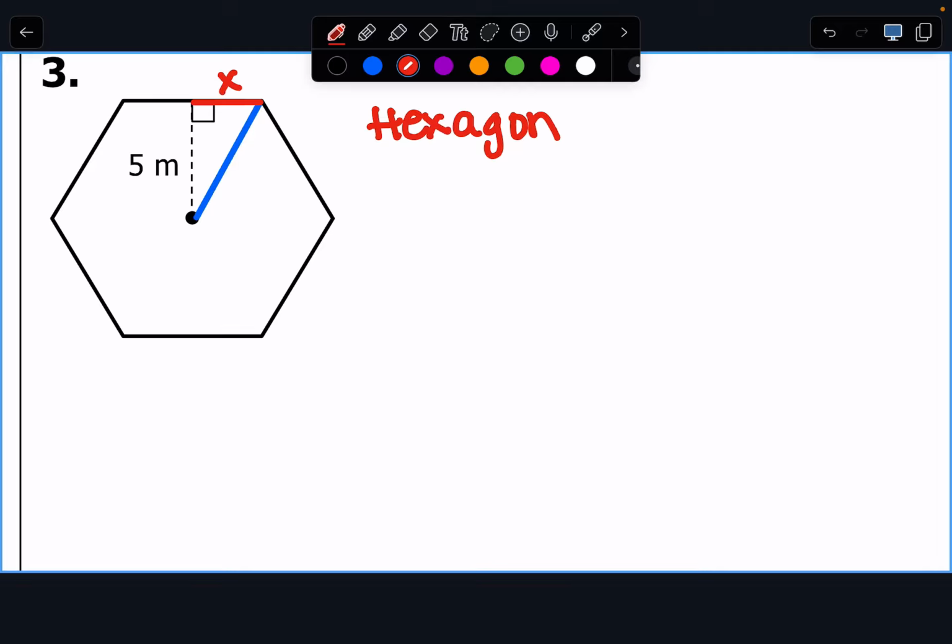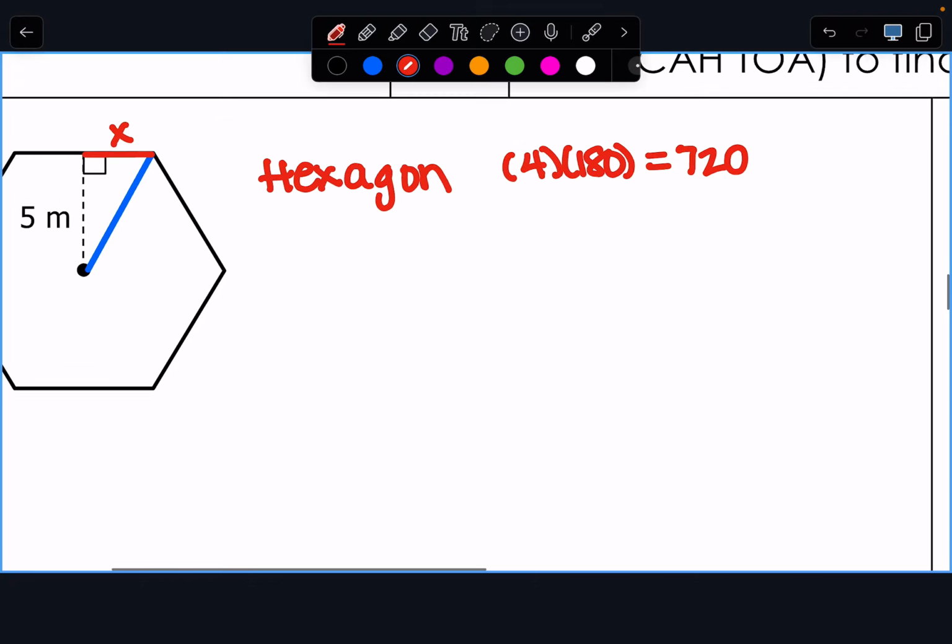So we need to take n minus 2, so 4 times 180. 720. Okay, so all 6 of those angles add up to 720. So what's 720 divided by 6?